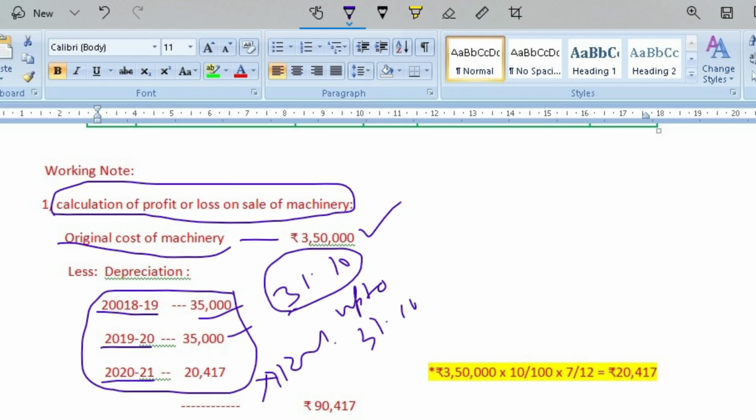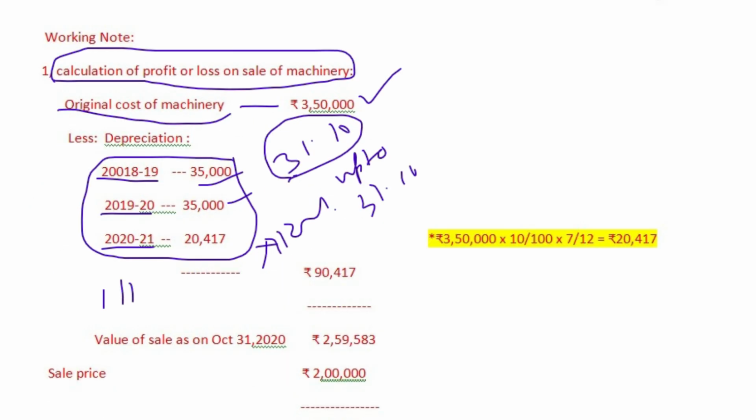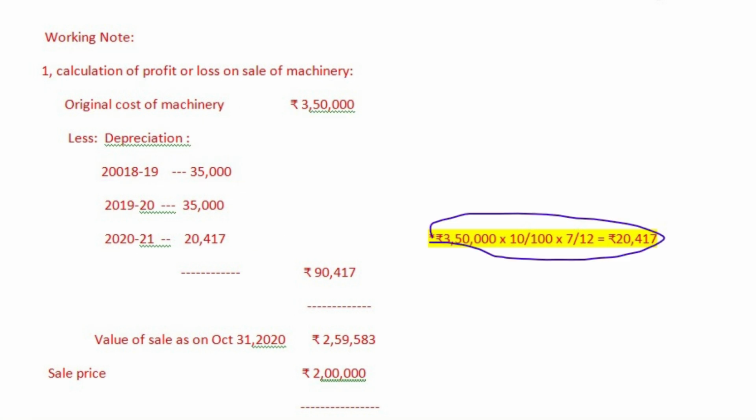That is April, May, June, July, August, September, October, including October, since it was sold on 31st October. So the October month shall be included: 1, 2, 3, 4, 5, 6, 7. So 7 months depreciation shall be charged in the year of sale. As I told you, up to the date of sale the depreciation shall be charged, even if it is a fraction of a year.